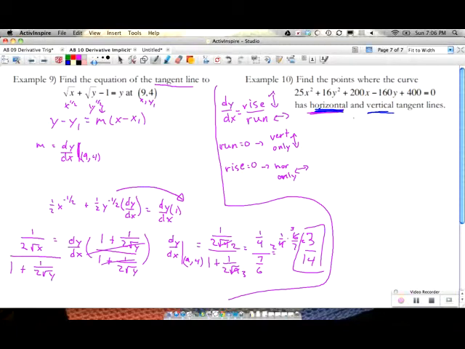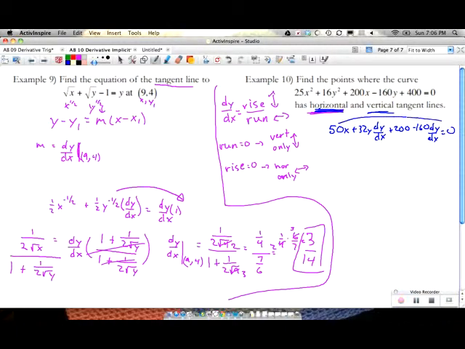So let's start by taking the derivative. Not too bad here. We're going to have 50x for the first term plus 32y dy/dx, because it's chain rule, we took the derivative of y, plus 200 minus 160 dy/dx equals 0.